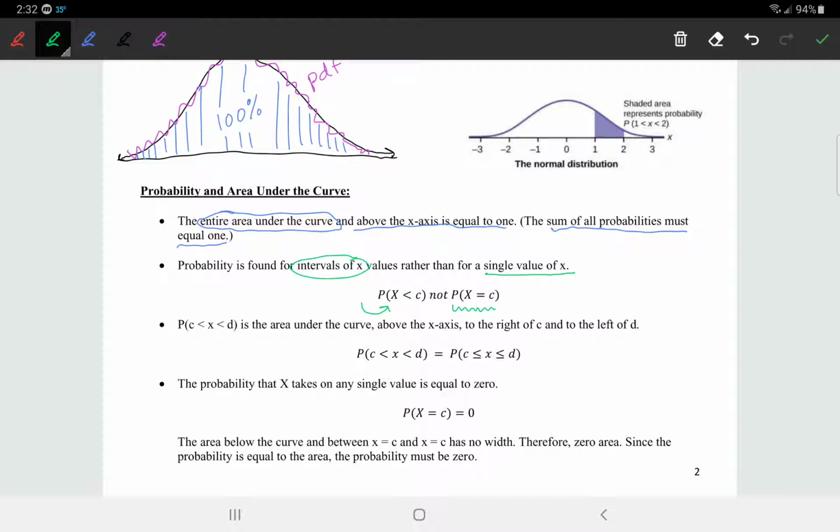Here we're looking for the probability that x goes in between 2 and 4, so it is the area under the PDF in between 2 and 4. And just one more for good measure. In the normal distribution, the area that's shaded here, x is going between 1 and 2. It is the area under the PDF, the probability density function, in between the values 1 and 2.